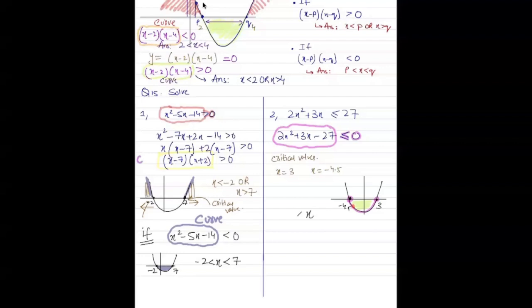Guys, listen. The reason I've shaded this region is because this is the part that is below the x-axis, or less than 0. So if I take these values of x between -4.5 and 3, I'm going to get a negative value of my quadratic curve. So what should be my answer then?